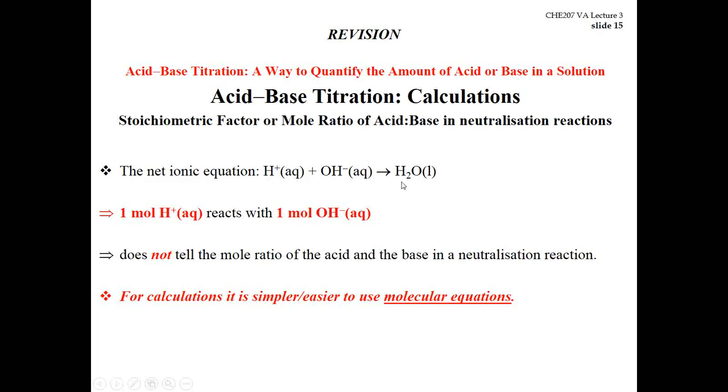This net ionic equation does not tell us anything about the mole ratio between the acid and the base in the reaction. Therefore, it is much simpler, easier to do our calculation based on molecular equations.